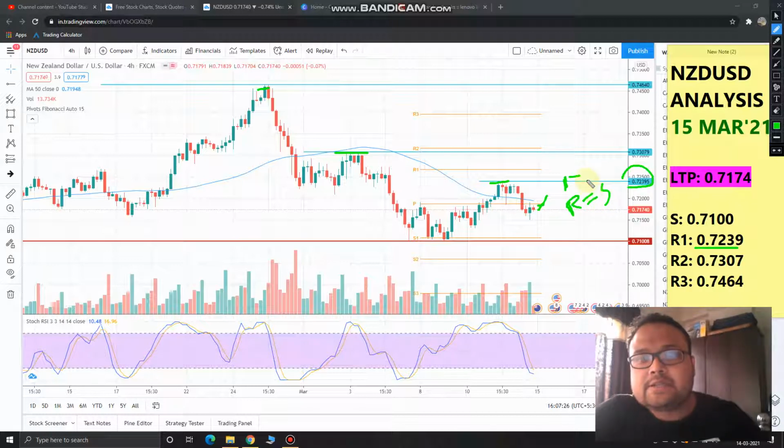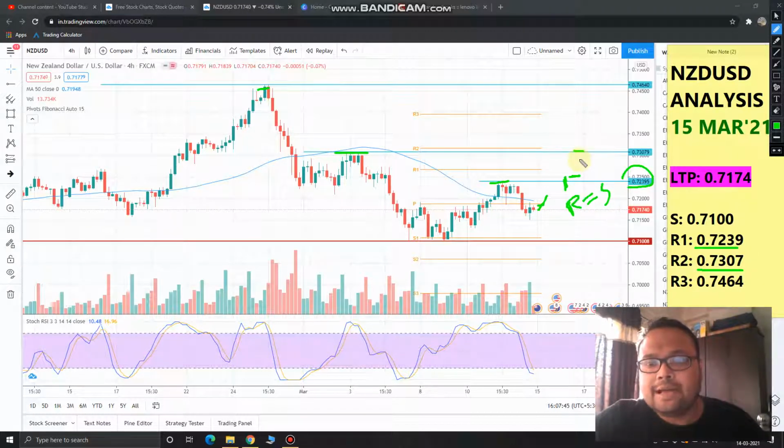So this resistance one is the support for the market now. Then you can enter here, and this will be your exit, resistance 2, 0.7307.